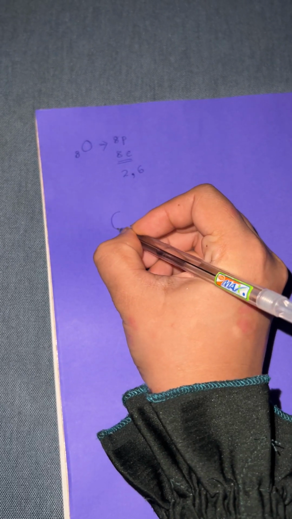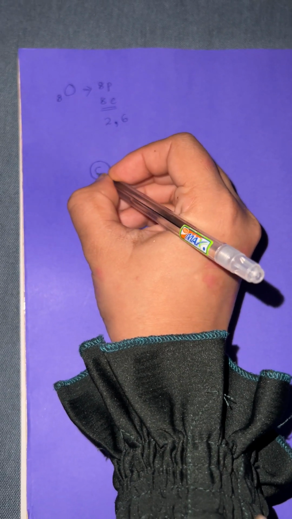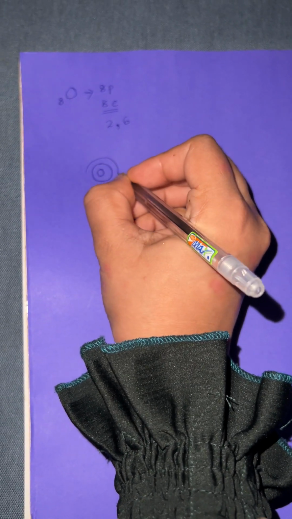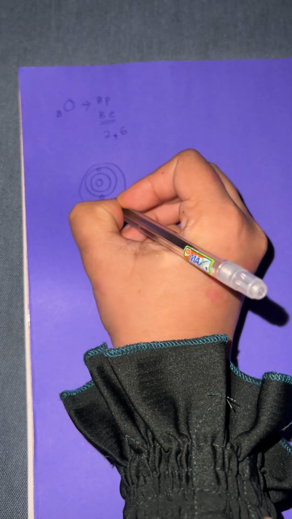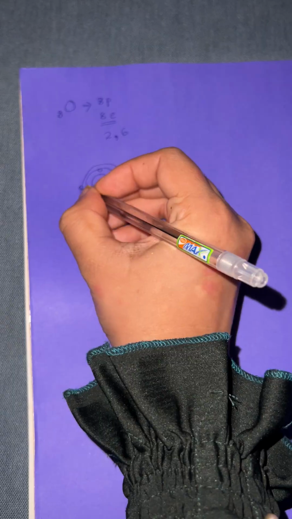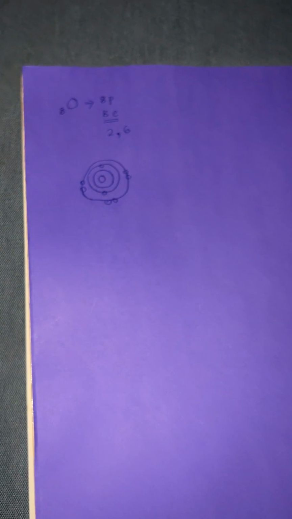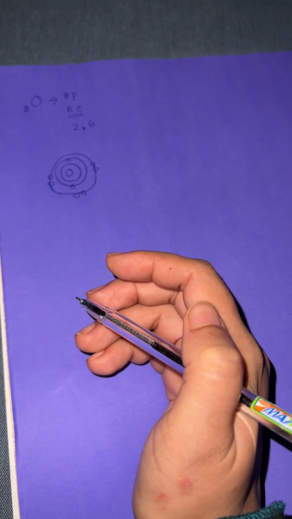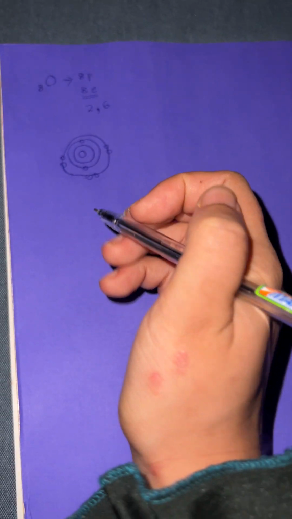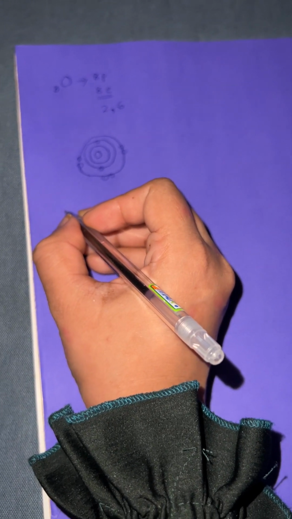So we can draw oxygen with 2 electrons in the first orbit and 6 in the second. Drawing these electron configurations is very simple, and you just need to practice them while following the video.